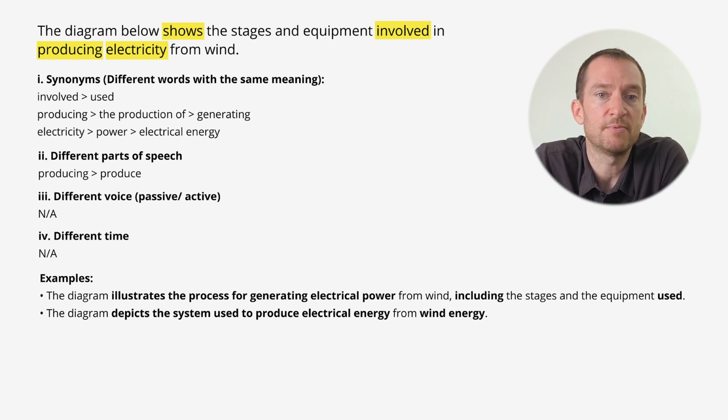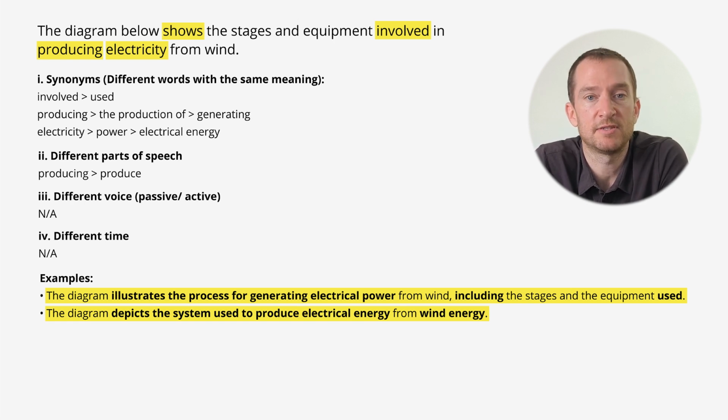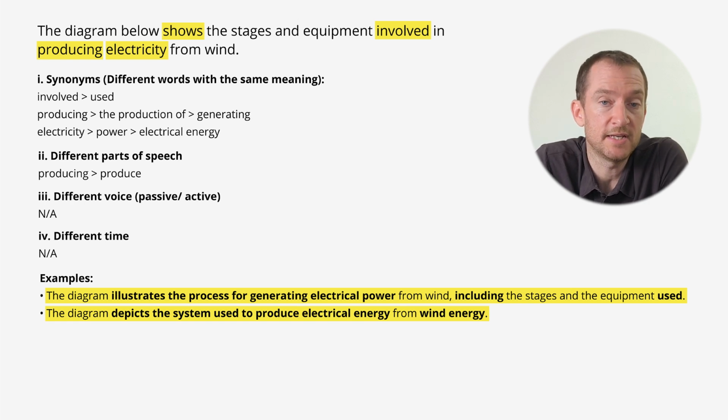Jumping again to the examples, we can see how the rubric has been effectively paraphrased with various changes. Show has been replaced with illustrates again. We could also use depicts here because we are talking about a drawing of the process. We've replaced producing with generating in one example and changed the part of speech to a verb with produce in the second example.